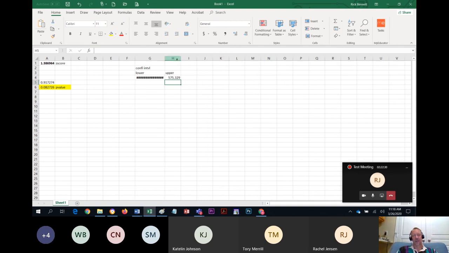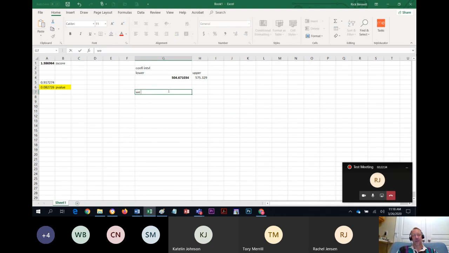So now normally with our confidence statement, we would say we are 95% confident that the mean score of people with 4 years of English is between 504.7 and 575.3.